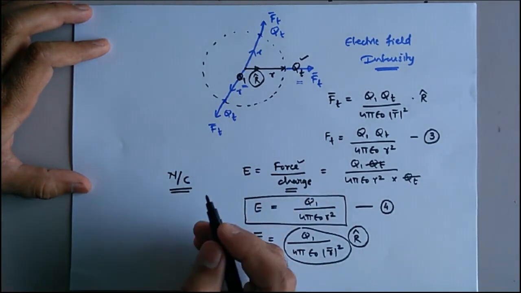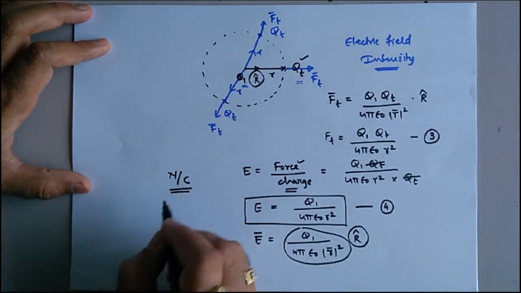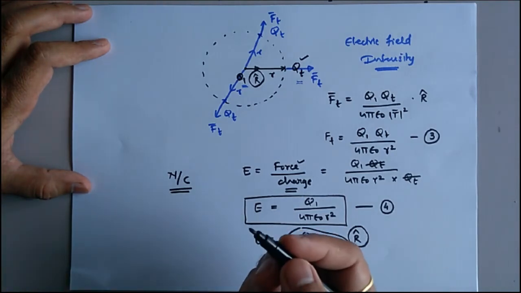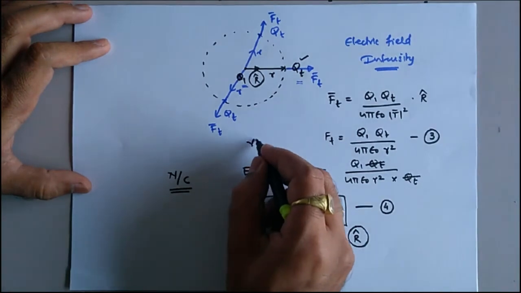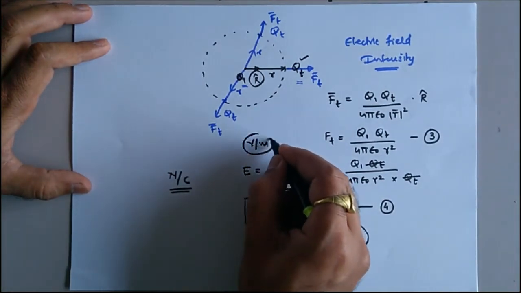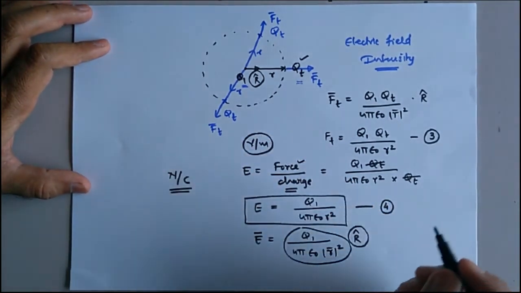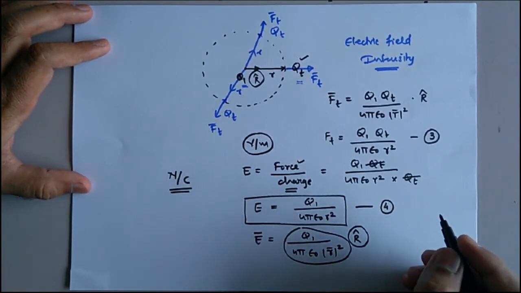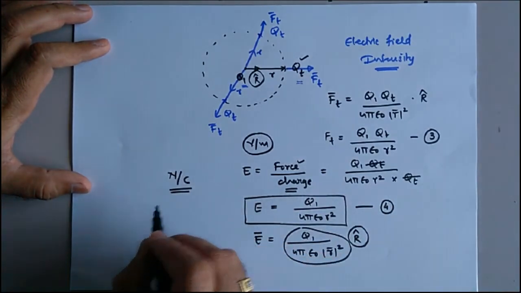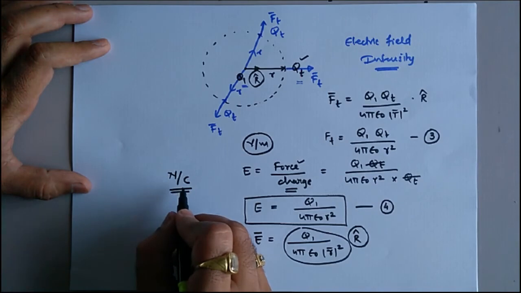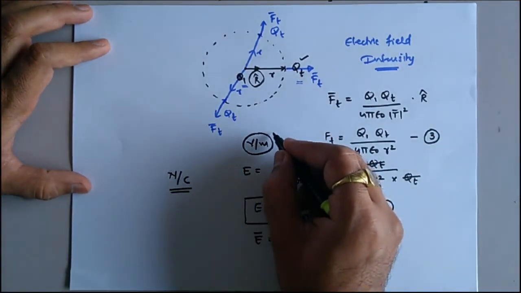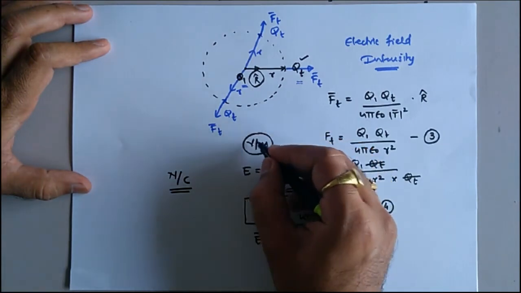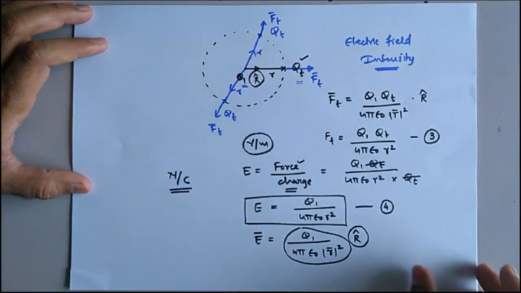In some cases we also specify electric field intensity as volt per meter. So basically we have two different units to represent electric field intensity. Either we can represent it in terms of force per unit charge, which is Newton per Coulomb, or we can represent it by taking this particular equation as volt per meter.